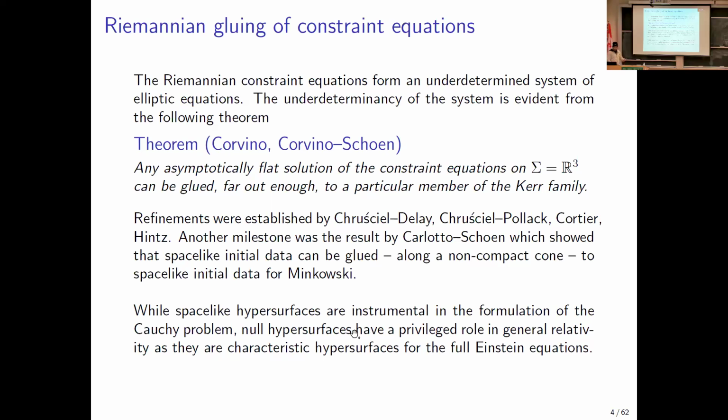So space-like hypersurfaces are very important, and gluing them is also very important. So this problem here is basically the problem of gluing initial data for the Einstein equations. And what this theorem tells you is that you can glue any asymptotically flat initial data far away to the Riemannian data of some Kerr family.